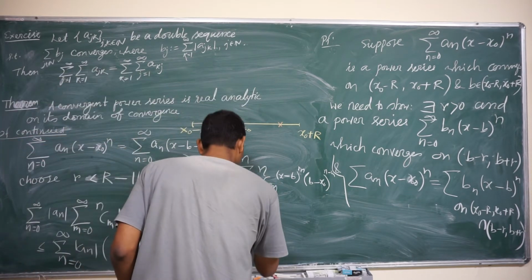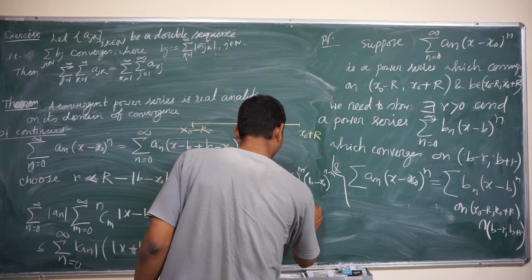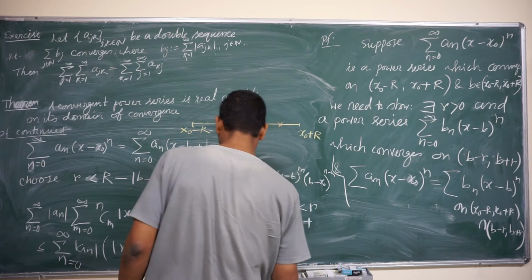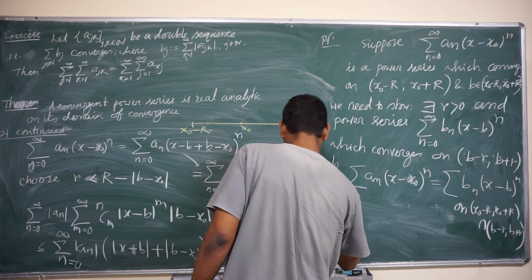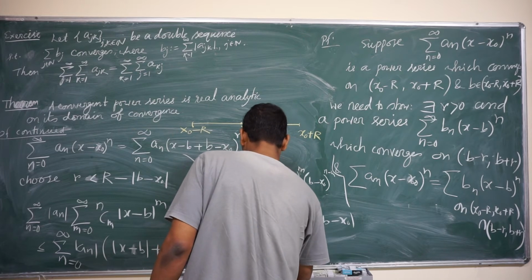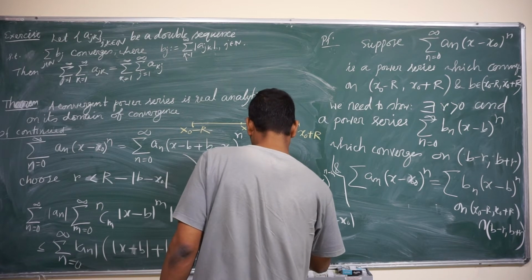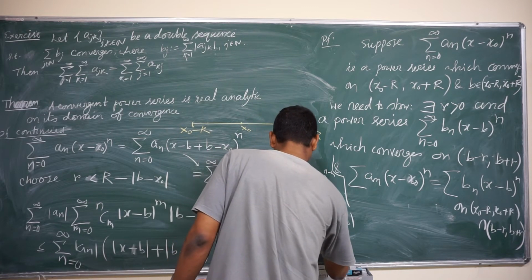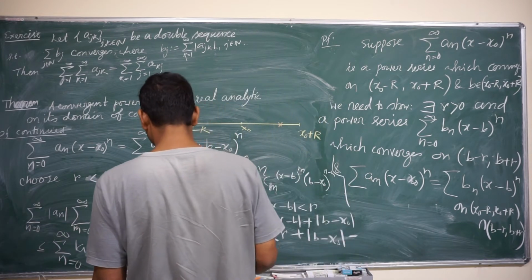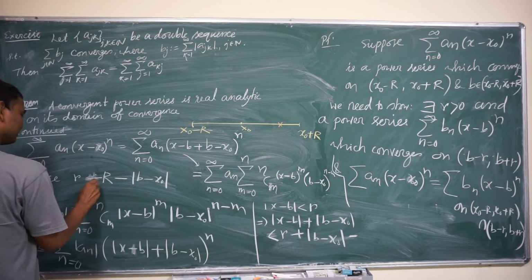So here, mod of x minus b less than r implies mod of x minus b plus mod of b minus x naught is less than r plus mod of b minus x naught, which is equal to capital R. I'm sorry, this equality also works, no problem.